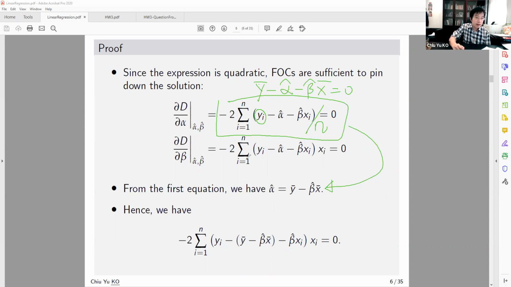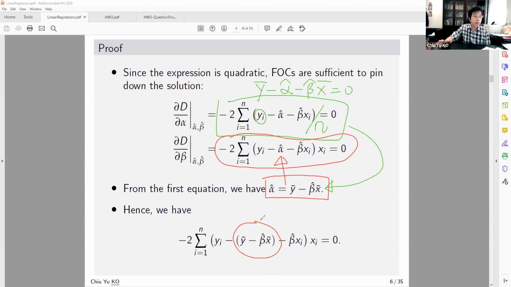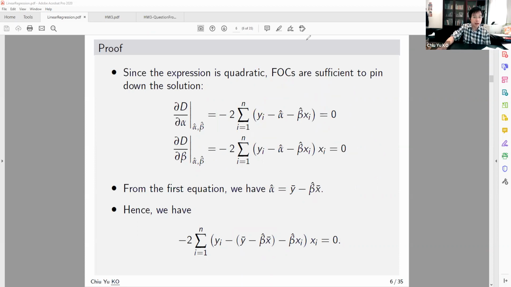And second, I rewrite the beta, right? What I'm doing here is I put this inside here that gives us this C1. Is that okay? Then we go to the next slide.